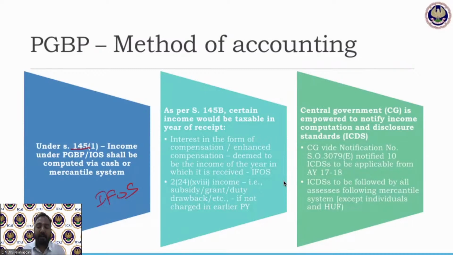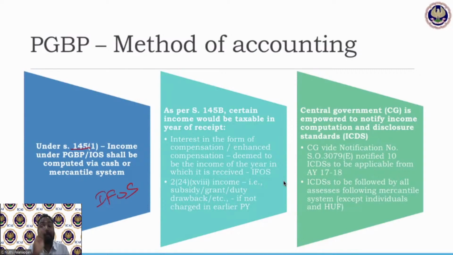What exactly is mercantile system of accounting? It is a form of accrual system. Irrespective of whether you have made that expenditure or not, if it is for that year, you account it. So you either follow cash system of accounting or mercantile system of accounting. That is about the method of accounting.